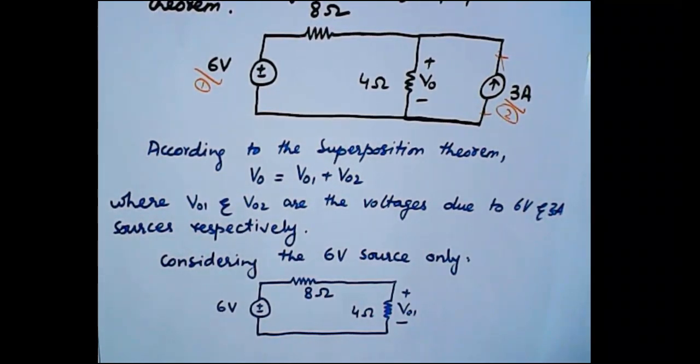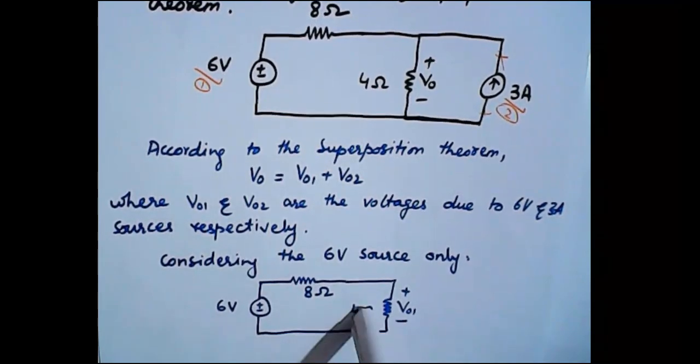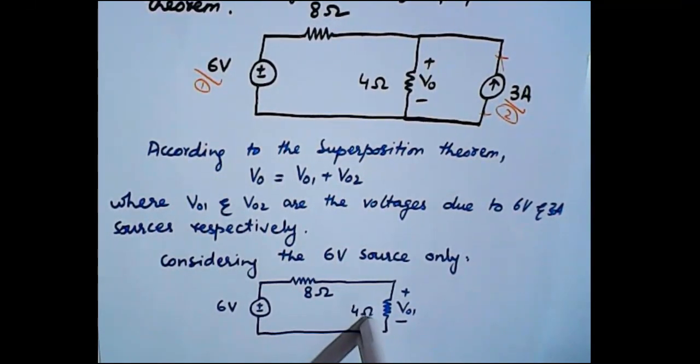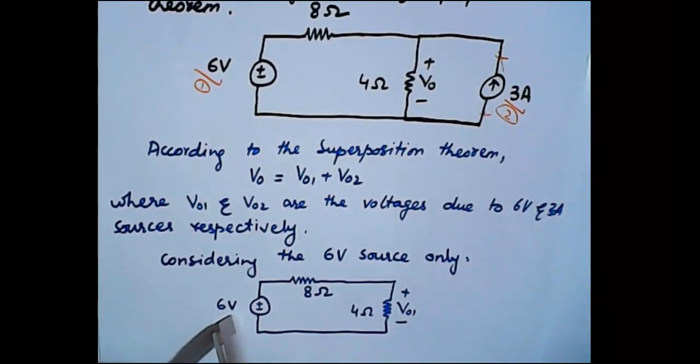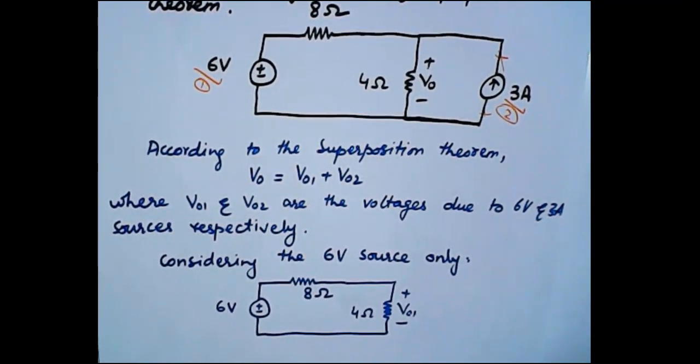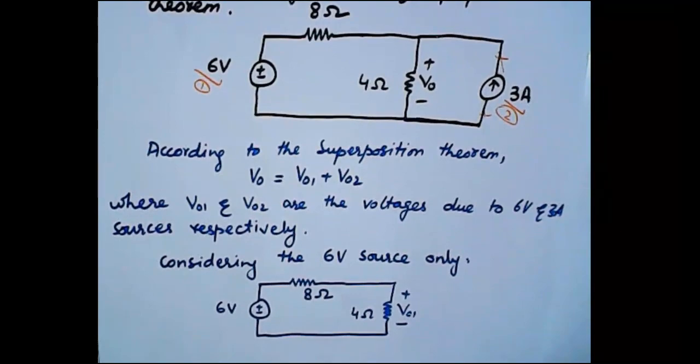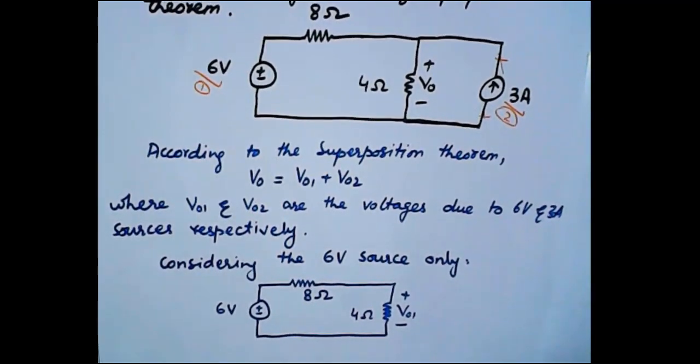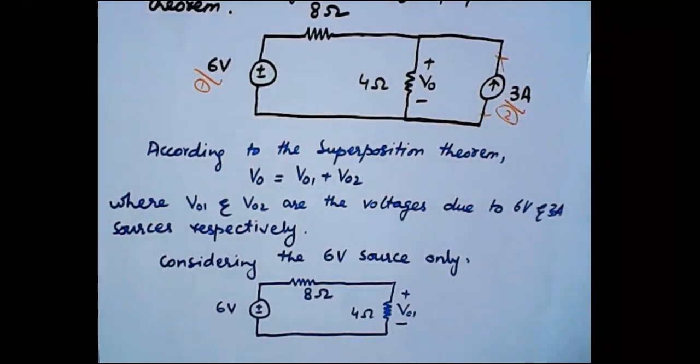Now another thing that we can see is that this theorem only gives an idea how to solve the circuit, right? V01, that is the value of voltage across the resistance of 4 ohms due to the independent voltage source of 6 volts, still needs to be calculated with the help of the circuit analysis techniques that we have discussed previously.